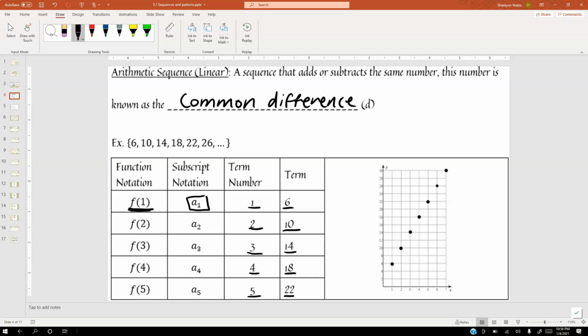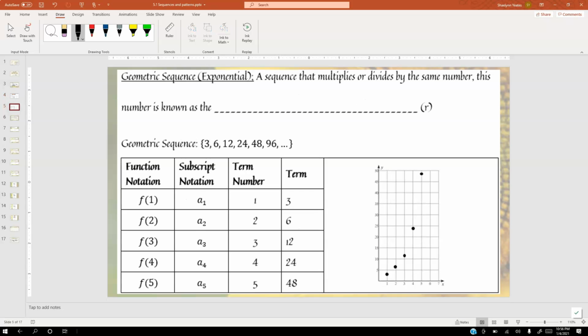All right? Okay, geometric sequence is exponential. This is a sequence that multiplies or divides by the same number. This number is known as the common ratio. Okay, and it's the same idea. We've got f of 1 or a sub 1.